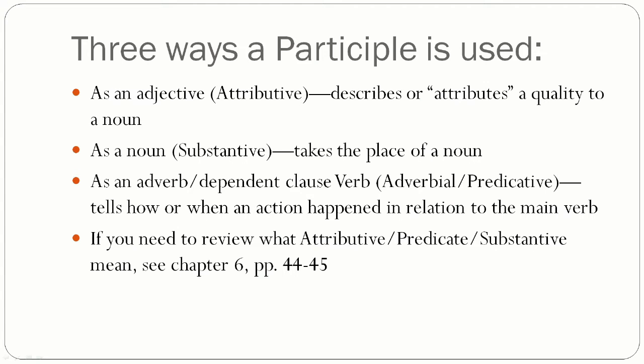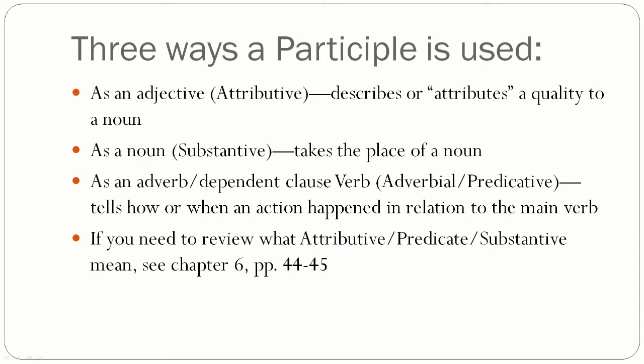So here we have 3 ways that a participle is used. If you remember from part 1, this chapter is entitled Verbal Adjectives, and therefore the 3 ways that a participle is used are very similar to the way that adjectives are used. First of all, the participle can be used exactly like an adjective.